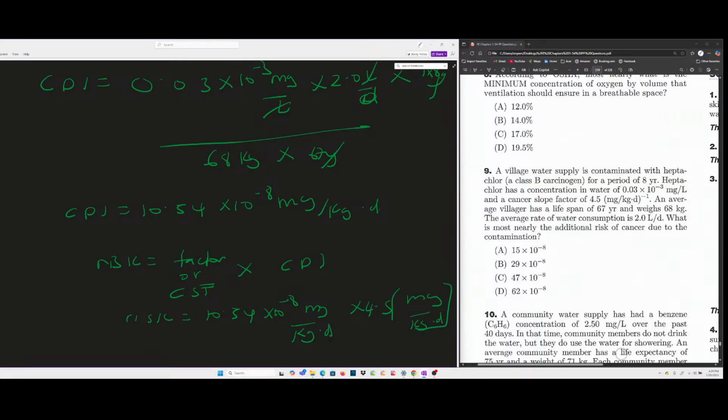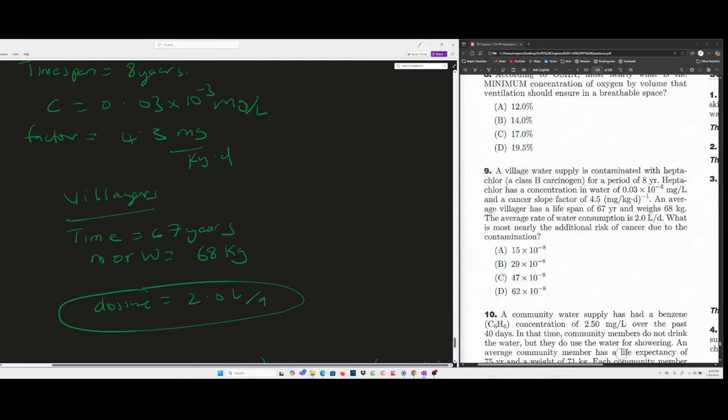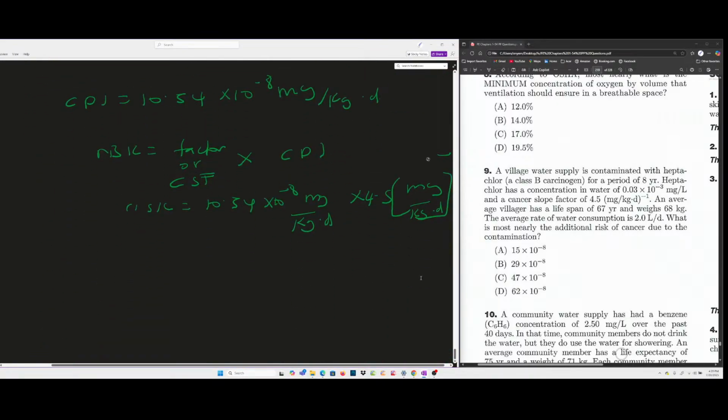Since it's the inverse, we'll just put negative 1, and they all cancel. So our risk is equal to 47.43 times 10 raised to the power negative 8, which can also be 47 times 10 raised to the power negative 8. C is our answer.